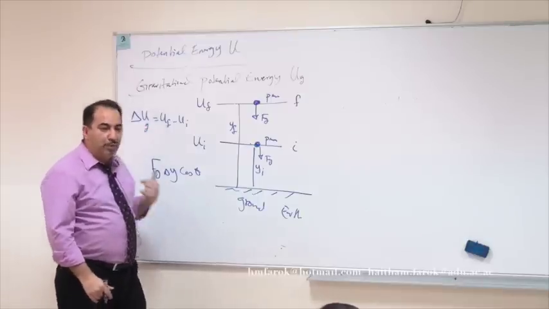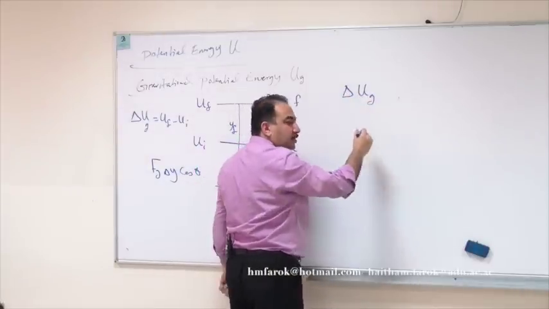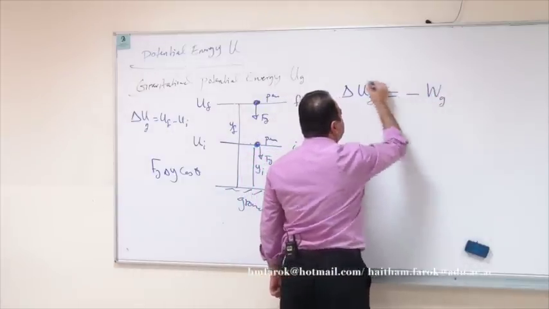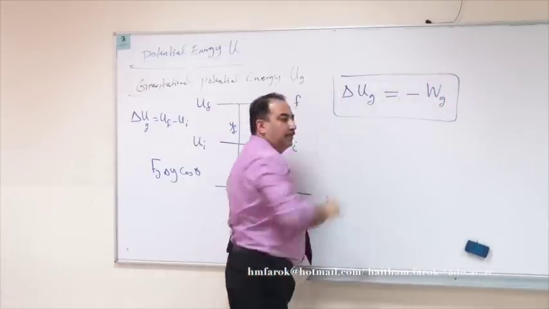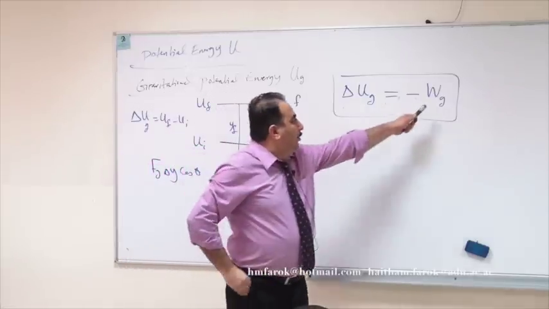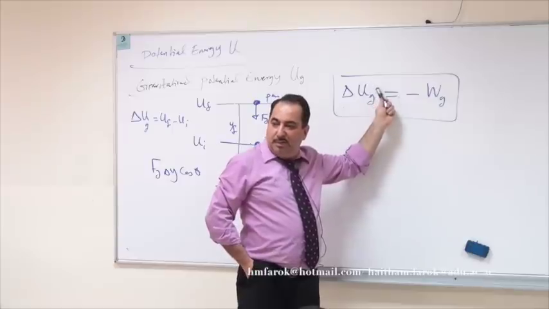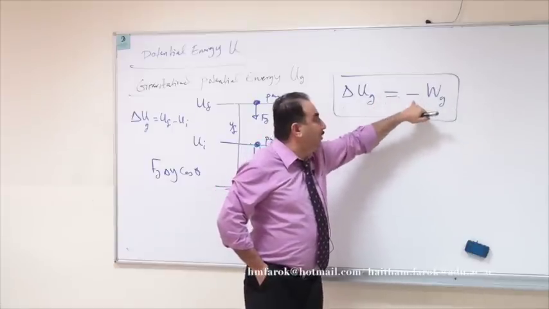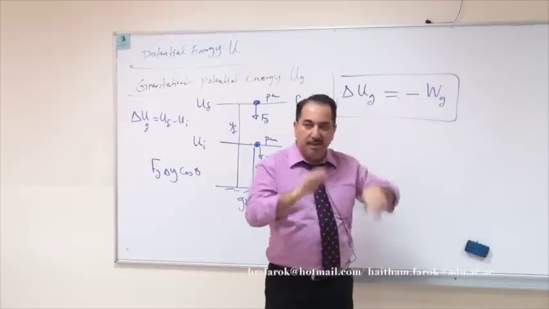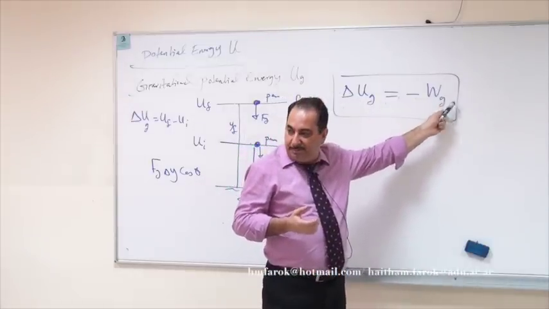So we can conclude that the change in the gravitational potential energy is equal to the negative of the work of gravity. When this one loses, this one gains, that's why you need the minus. They work opposite. The minus is not direction here. Increase and decrease. And this change happens because of gravity work.